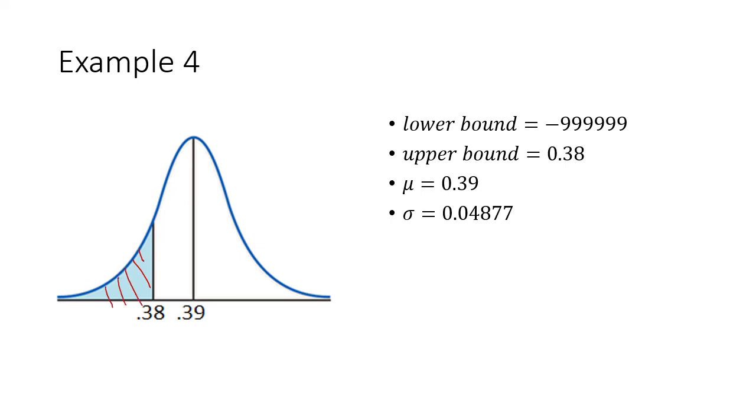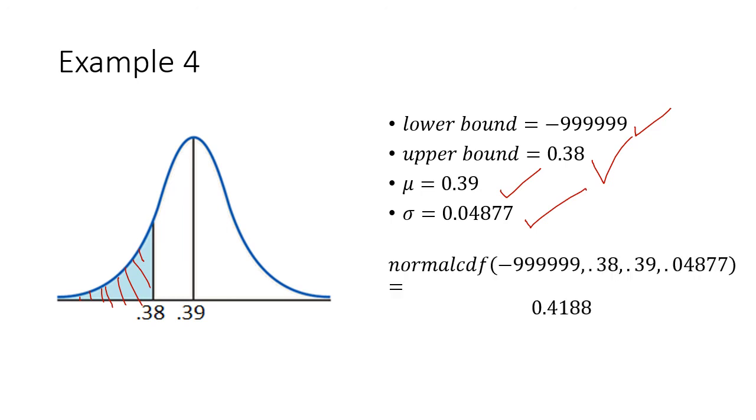So again, fewer, we're shading the left-hand side here up to 0.38. So my lower bound is negative, a big number, and I just typed a bunch of 9s. My upper bound is 0.38. My mean is 0.39. My standard deviation is the one that I just calculated a second ago. We type that all into our normal CDF, hit enter, and we should get 0.4188.